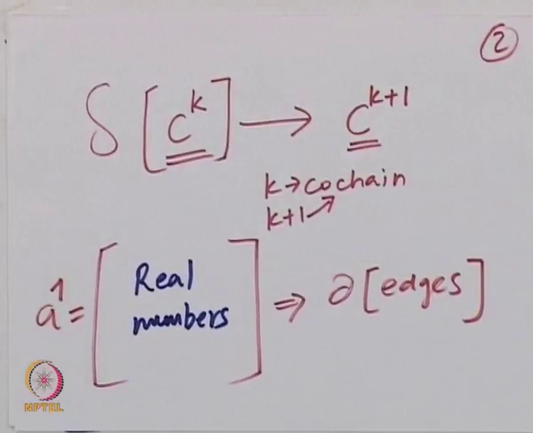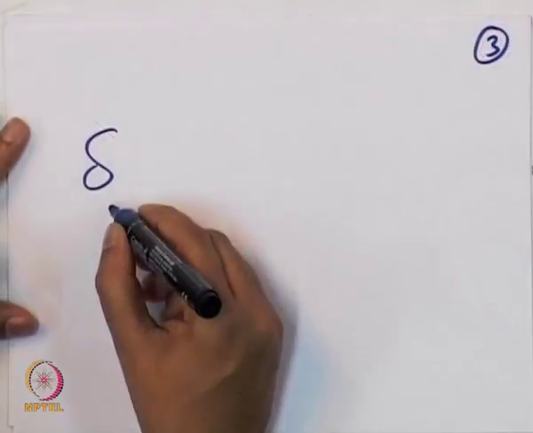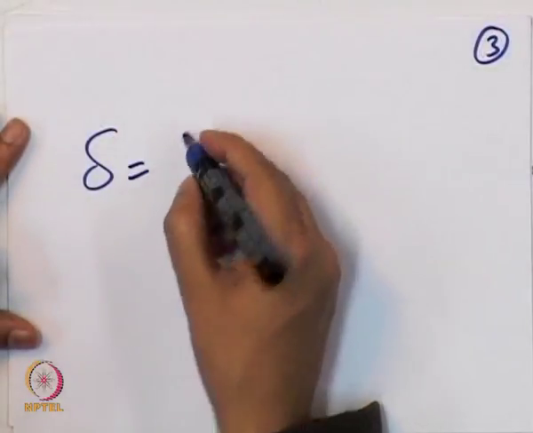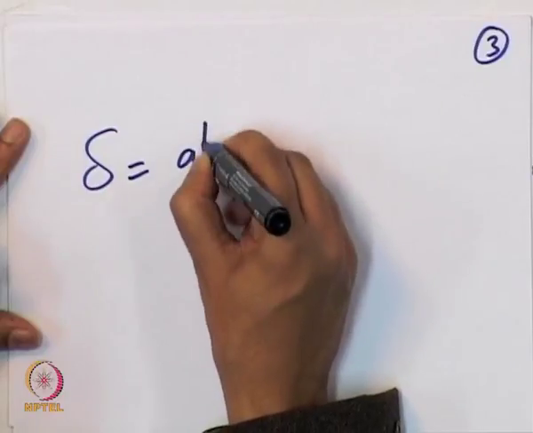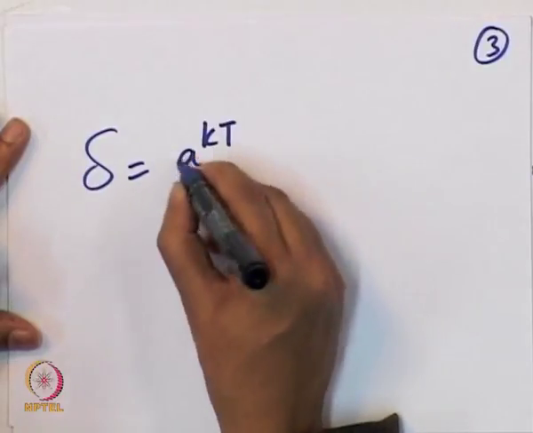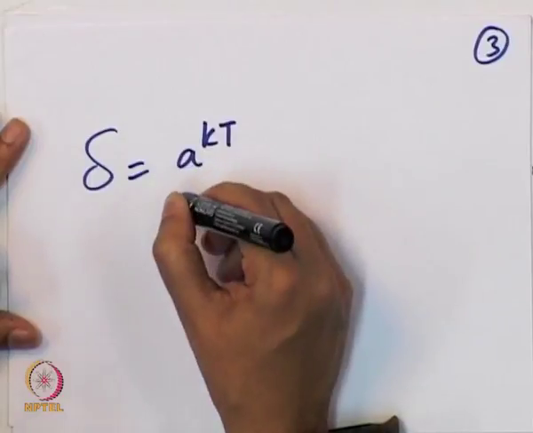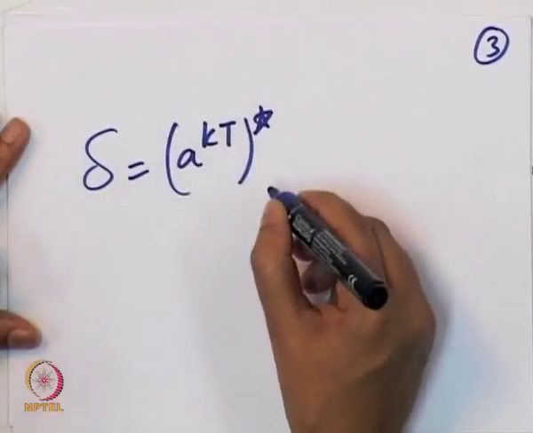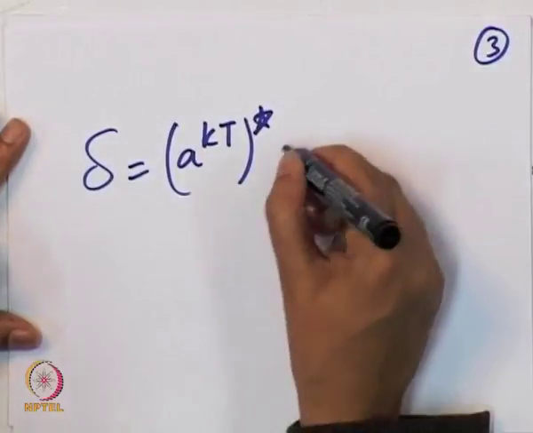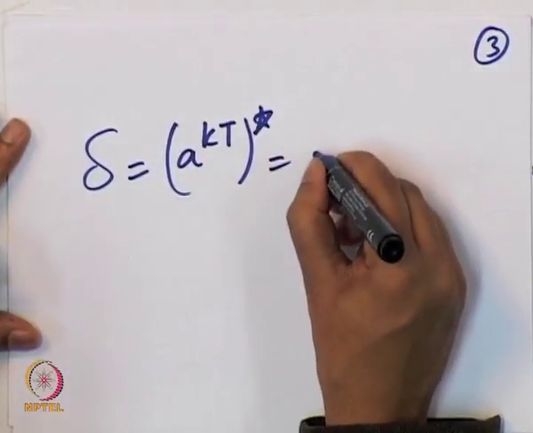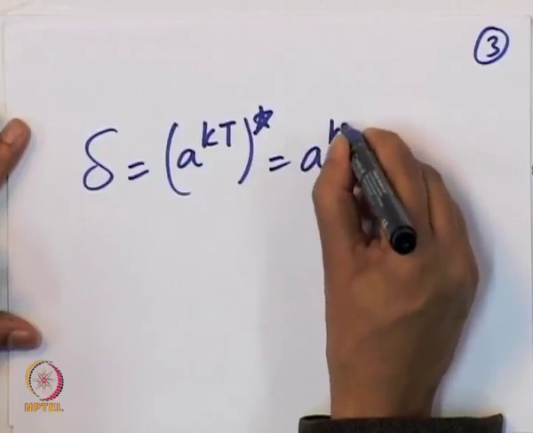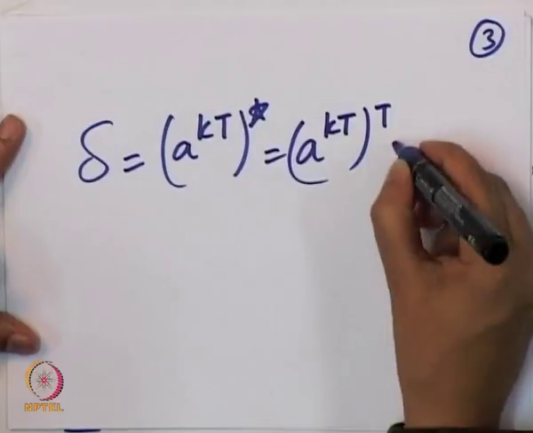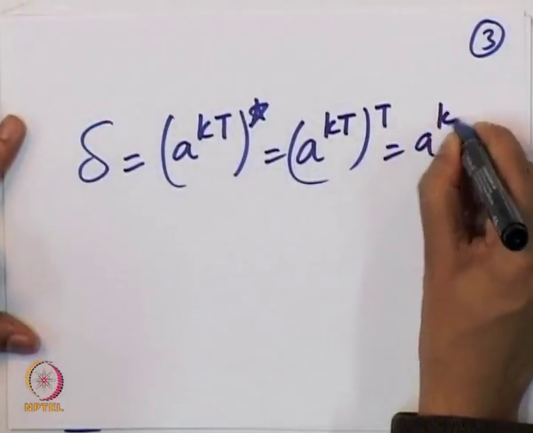The co-boundary operator, written as small delta, is equal to A k transpose. Remember, these were the transpose, the adjoint, of the boundary operators, which is nothing but A of k.